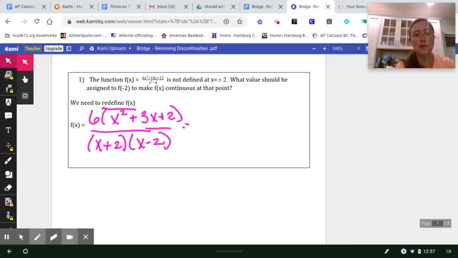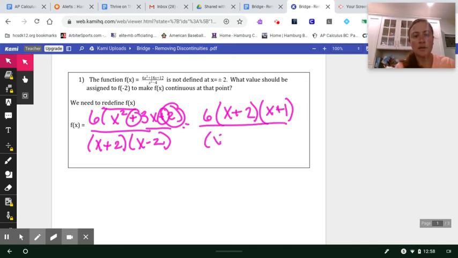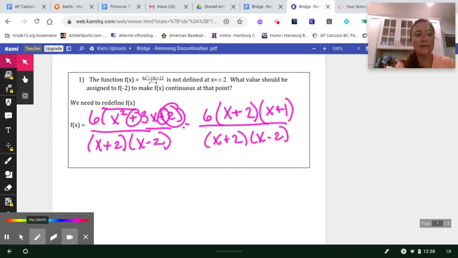So remember, don't lose that 6. But we can factor this part again, make sure it stays in front. I have to multiply to 2 and add to 3, so I think 2 and 1 are the obvious choices, x and x. This is positive, which tells me they're the same sign, and this means they're both positive. All over my x plus 2 and my x minus 2. And now I can simply just clean that up.